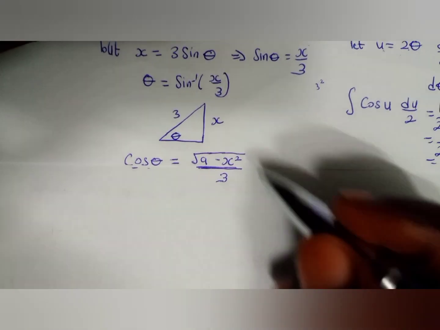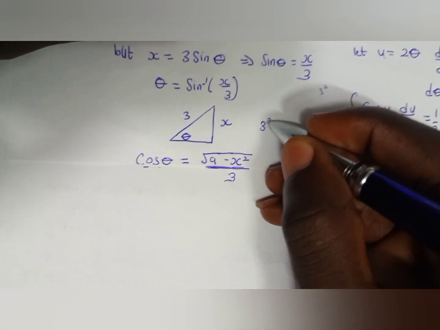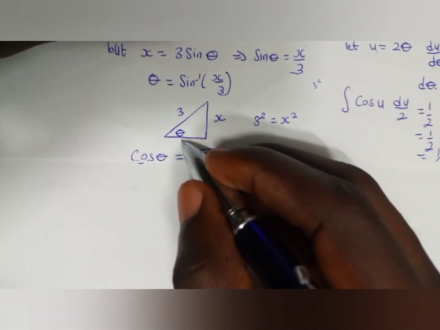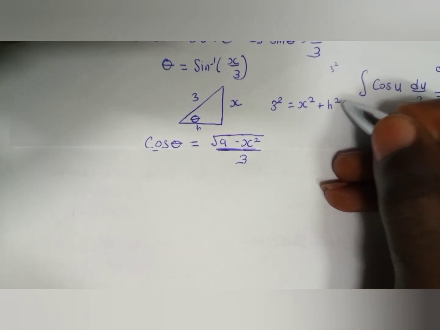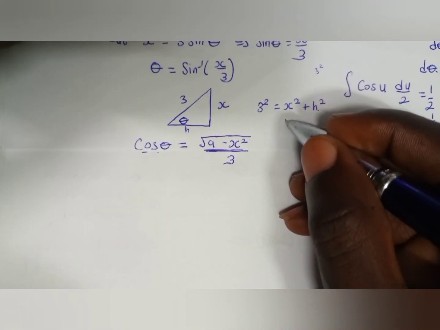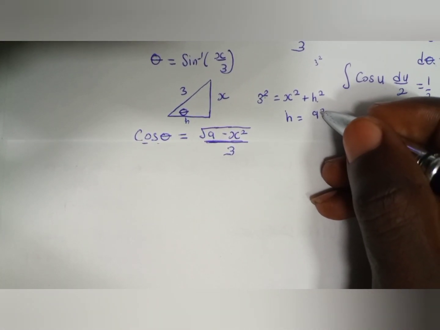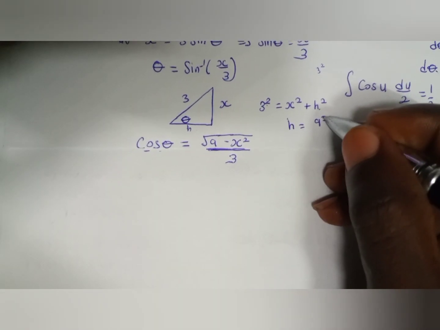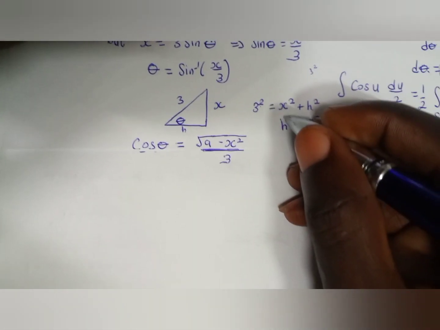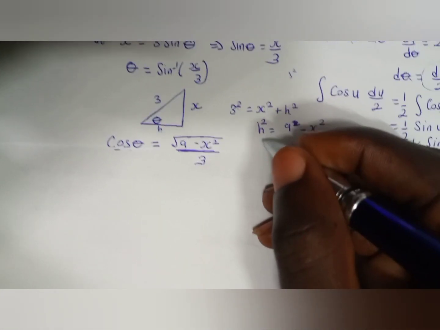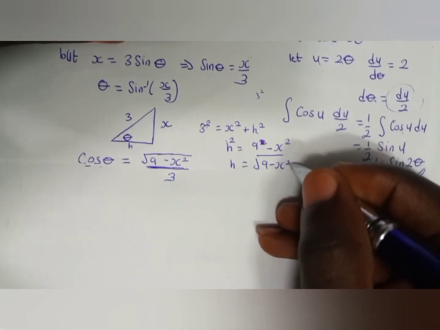So using Pythagoras theorem, the hypotenuse squared is the other side, let's say h, squared plus x squared. When you make h the subject, 3 squared is 9 minus x squared, so h equals root of 9 minus x squared.